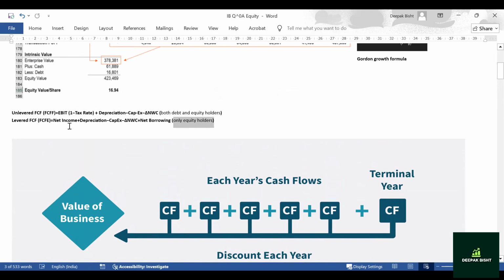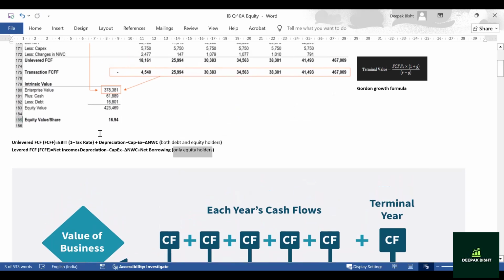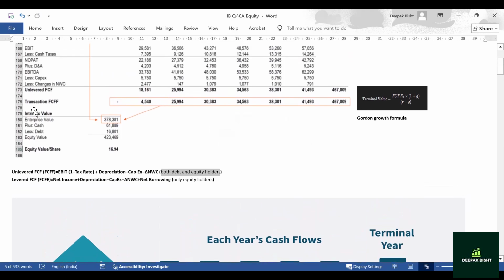So if we are using levered cash flow instead of unlevered cash flow, we will be calculating only the portion that is for the equity holders, and if you remember, we called it equity value. And if we use unlevered free cash flow, we will calculate the portion which is for both debt and equity holders. That's enterprise value.